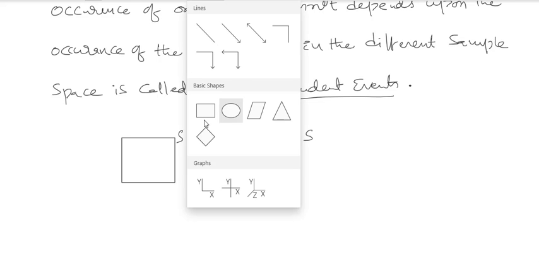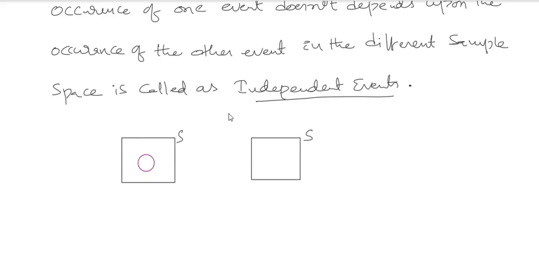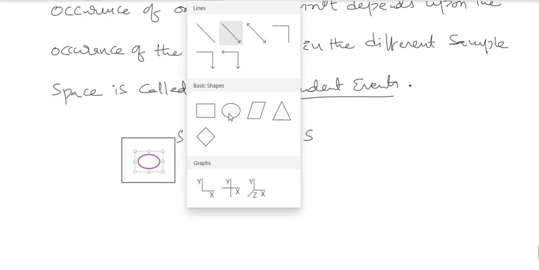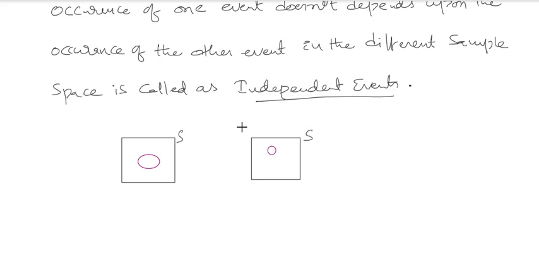In that I consider an event, so this is an event, and similarly here also this is an event. This is event A and this is event B. See here, occurrence of A does not depend upon the occurrence of B, hence I can call these independent events. Am I right? So likewise you have to define this one.